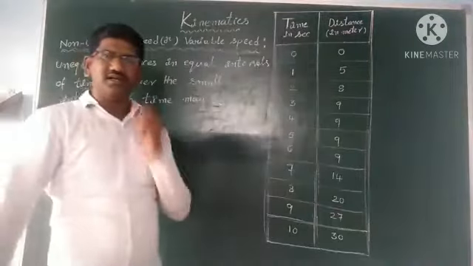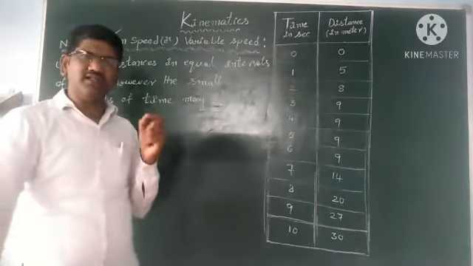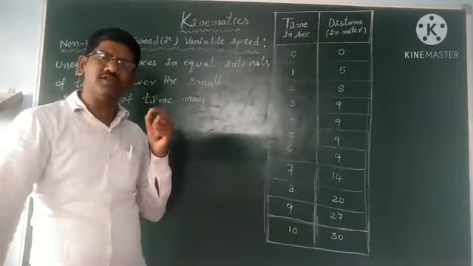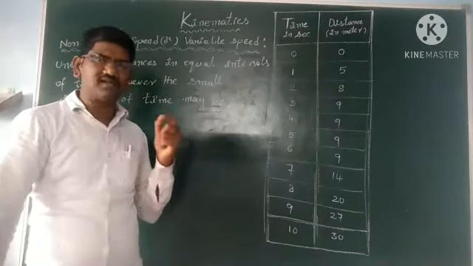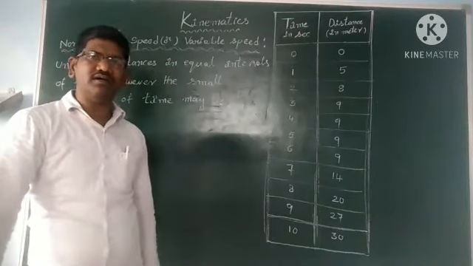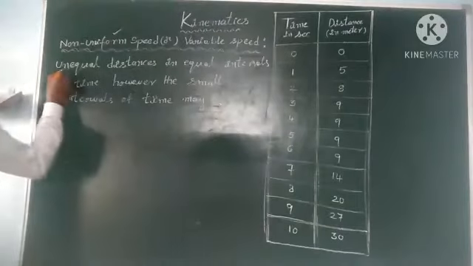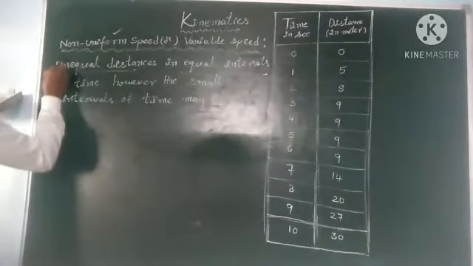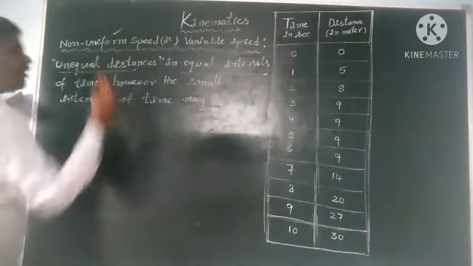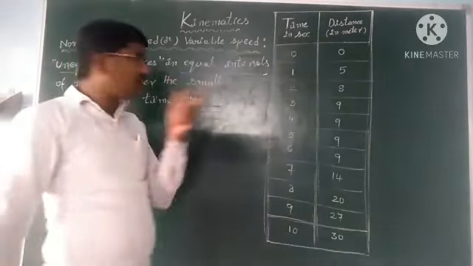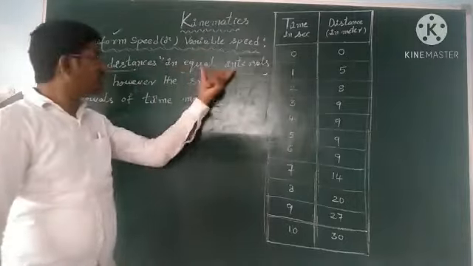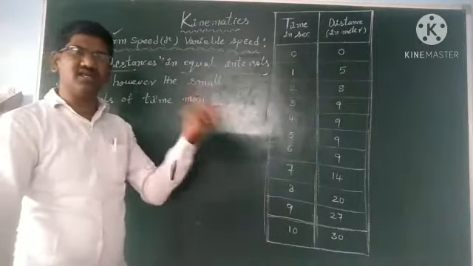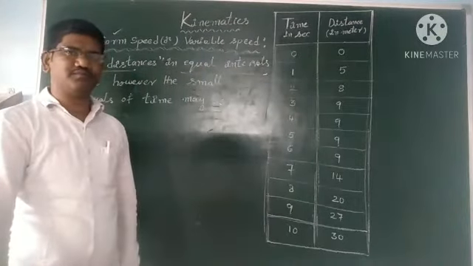An object is said to be moving with non-uniform speed if it covers unequal distances. So remember the keyword: unequal distances in equal intervals of time, or equal distances in unequal intervals of time.